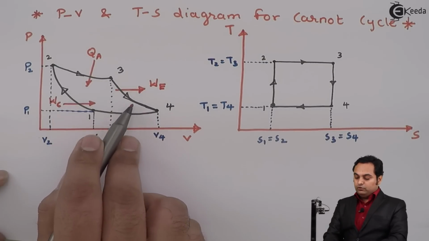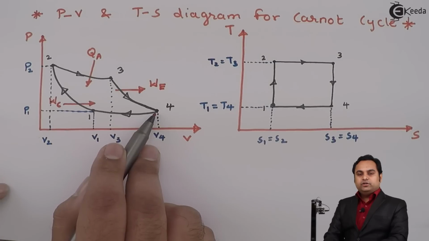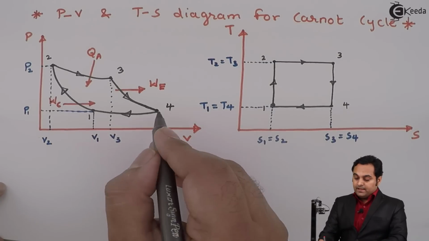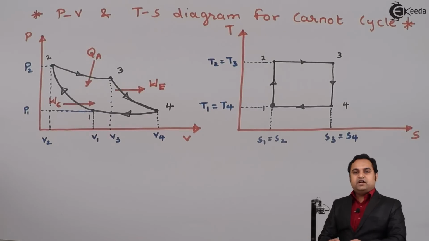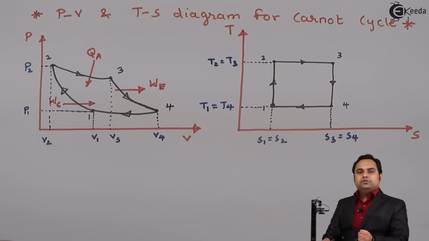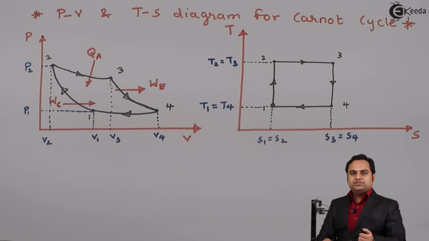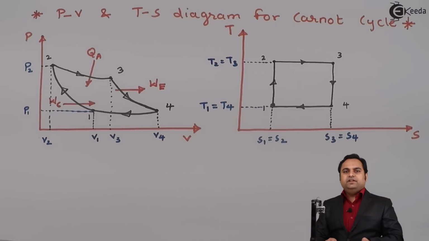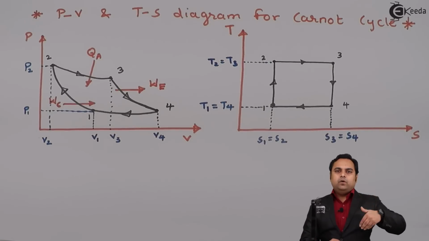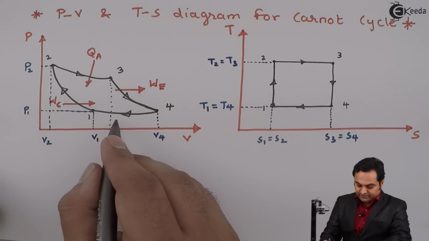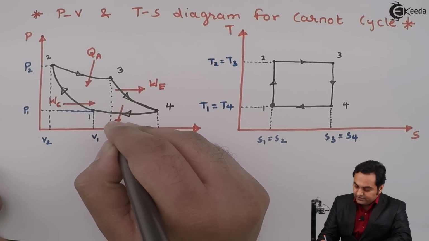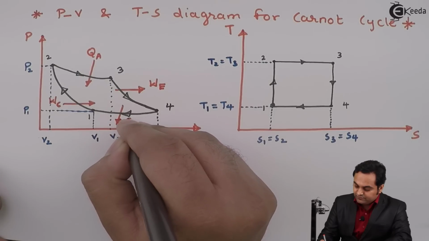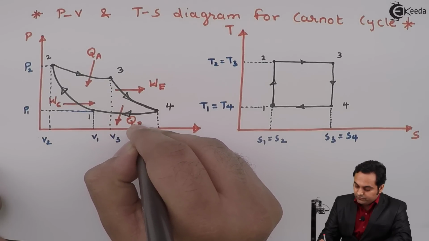Now from 3 to 4 the work during expansion gets completed, and now from 4 to 1 the heat rejection starts, that is after the completion of work the air, or we can say air fuel mixture which is present inside the engine will be taken away from the engine. So that is heat rejection process. So here heat is removed or rejected from the system, so that is Q suffix R.